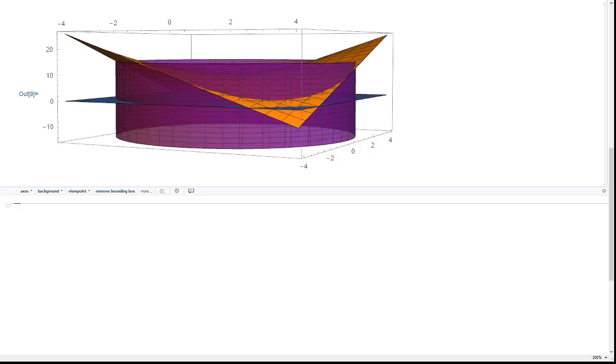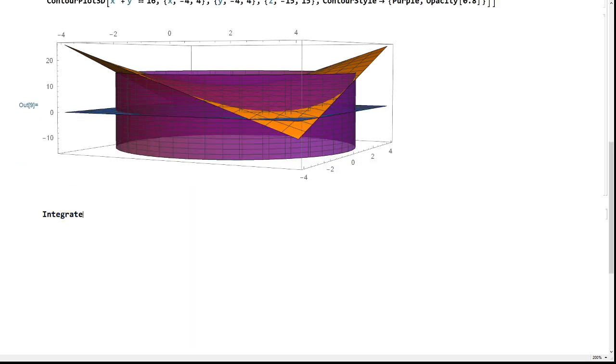So we're looking at integrating. And the beautiful thing with Mathematica is we don't even have to simplify this. So r cosine theta, r sine theta plus 10 times r. R goes from 2 to 4.